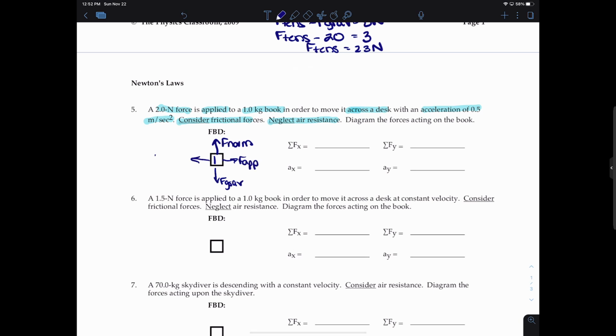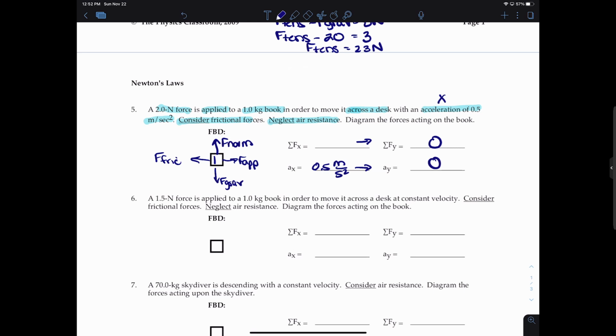This is going to be in the x direction, right? So we've got 0.5 meters per second squared going to the right.